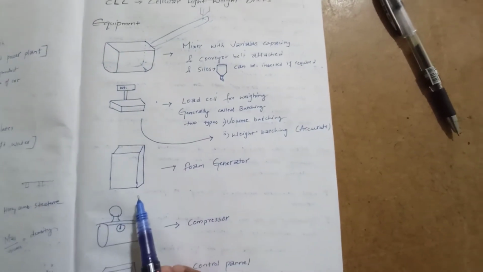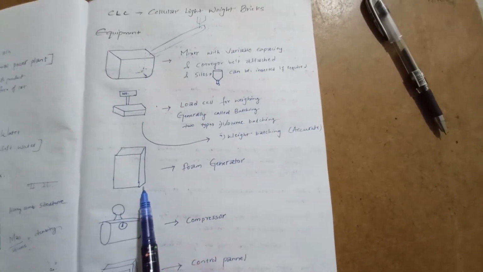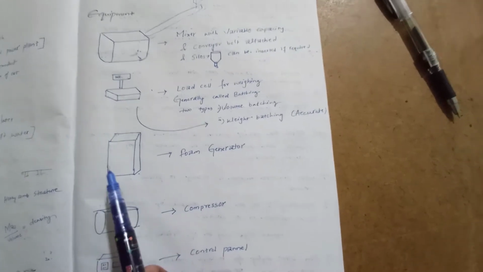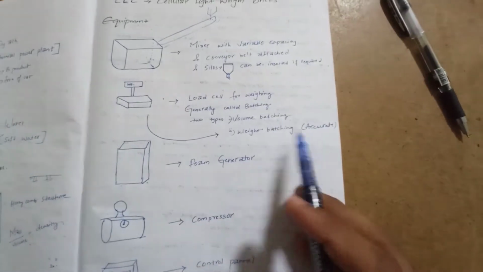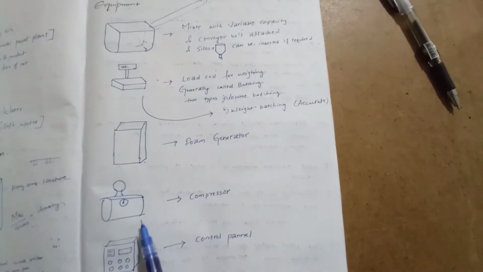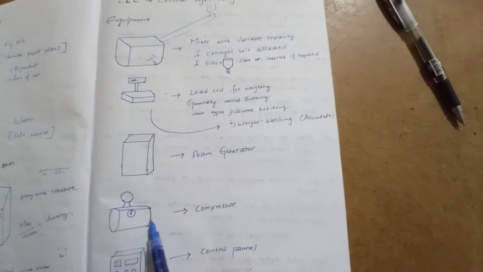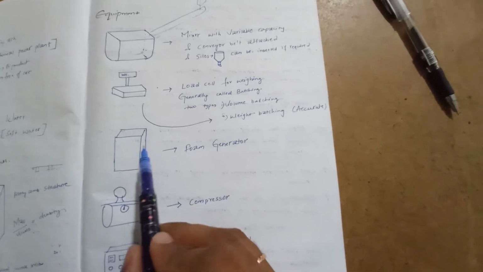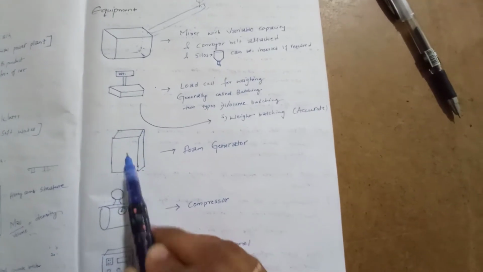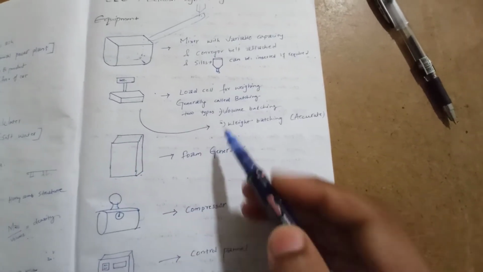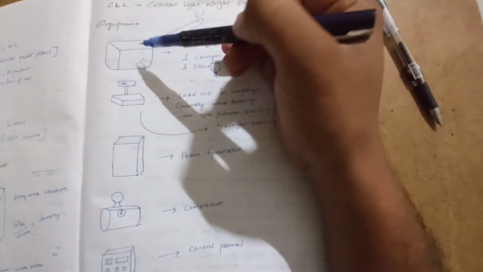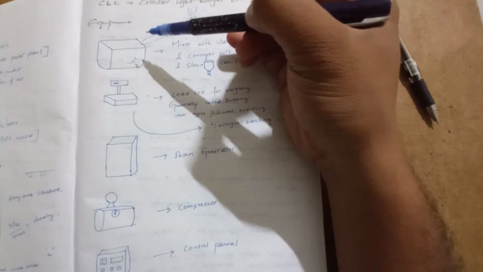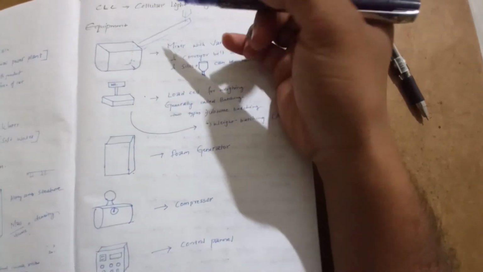Then we'll be having a foam generator. I have spoken about foam just now. This foam generator generates the foam, and the compressor blows air to generate this foam. Both help to create the foam, which we'll be mixing along with the fly ash, water, and cement.